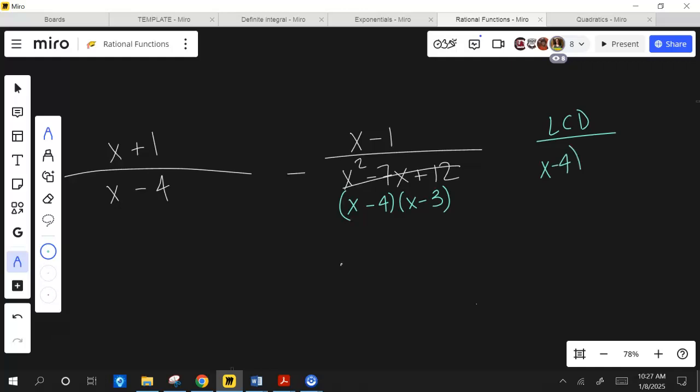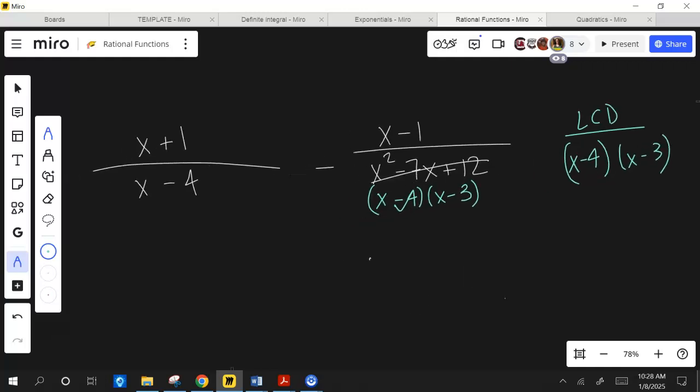Write the first one. Now look at the second one. It's got an x minus 4. Does it have an x minus 3? No, so I got to give it to it. If it needed something else, I would give it to it there, okay? When you're done, every denominator should be completely included in the LCD. No repeats, though.